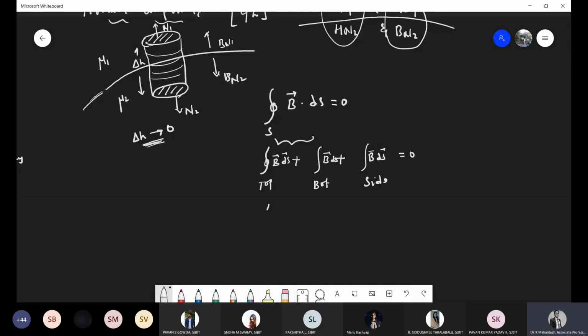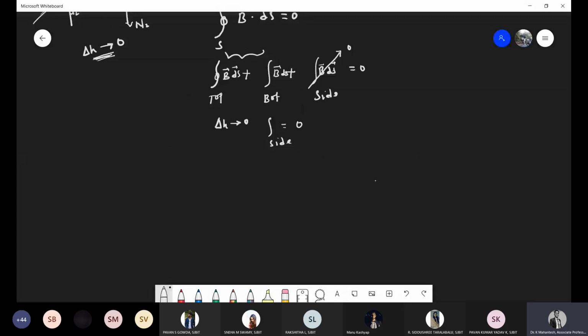So what happens if delta H tends to 0? This will be 0. Therefore the side integral will become 0. So the remaining is the top side and the bottom side.